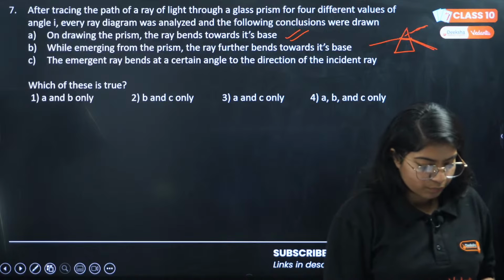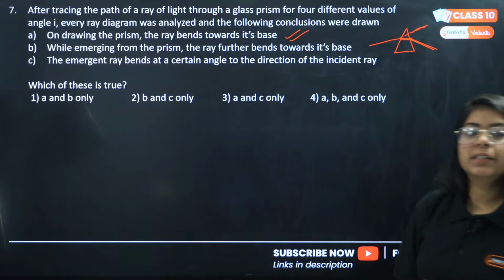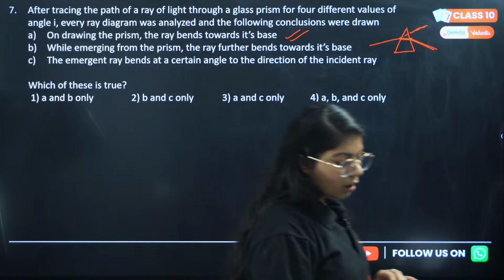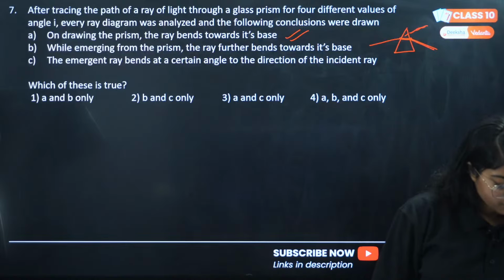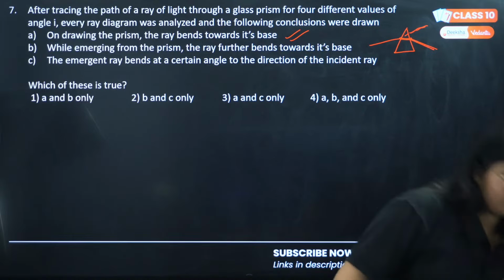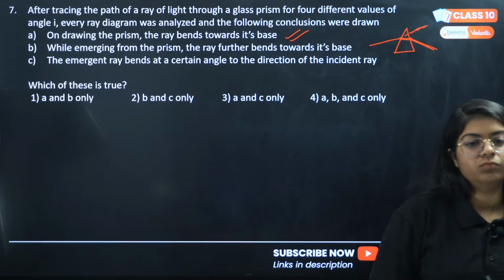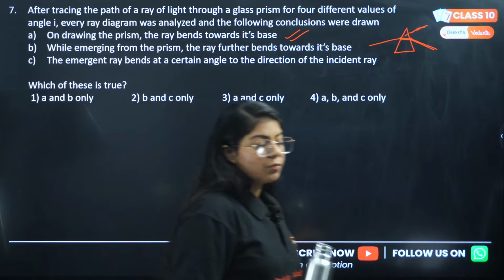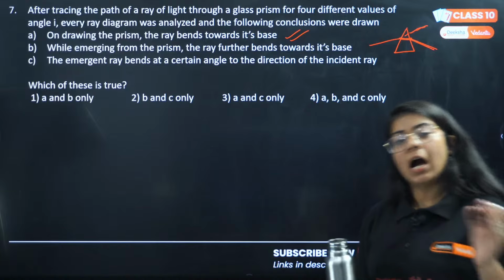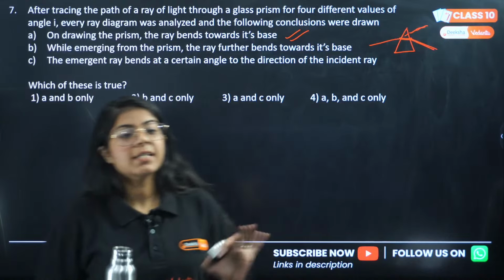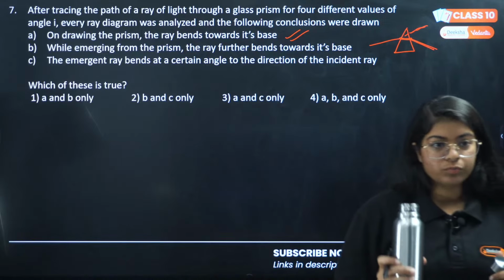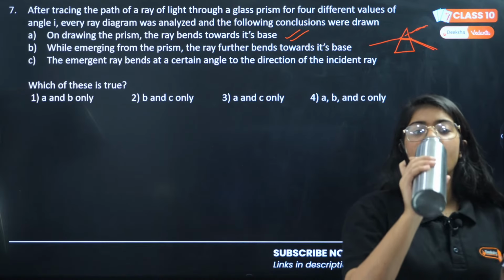Which of these three statements is true? The ray will bend towards the base while entering the prism, and then will it bend away or towards the base while emerging out of the prism, and the emergent ray bends at a certain angle to the direction of incident ray. Karan is saying one is true.